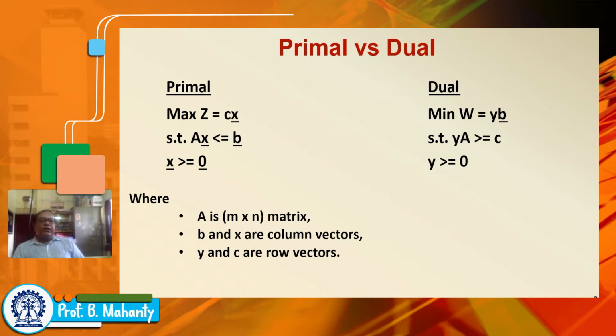Usually maximization problems are of the product mix type, where several resources are competing, and all the resources are required to produce all the products represented by X. So Ax less than or equal to B is the standard matrix form of the constraints, and X greater than or equal to 0 is our non-negativity constraint.